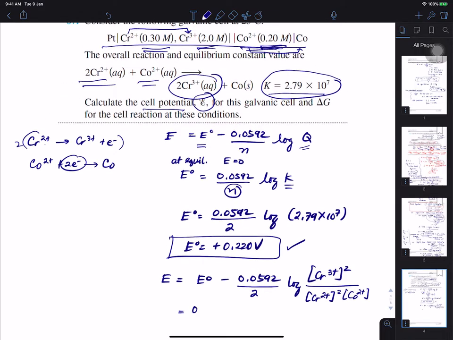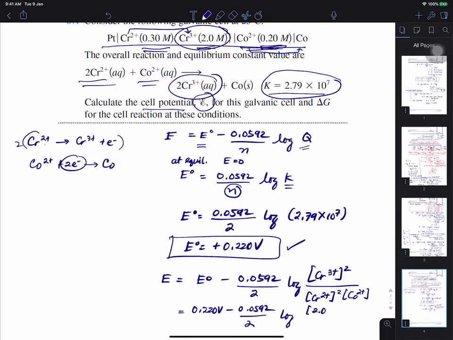So that would be 0.220 volts minus 0.0592 over 2 log of, what's the numerator? Chromium 3 plus is, oh, sorry, let me change that. Chromium 3 plus is 2 molar.